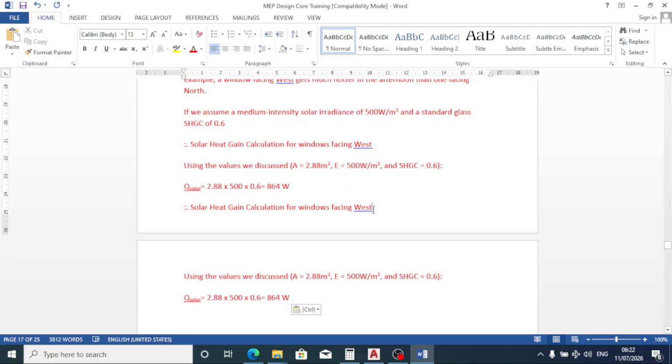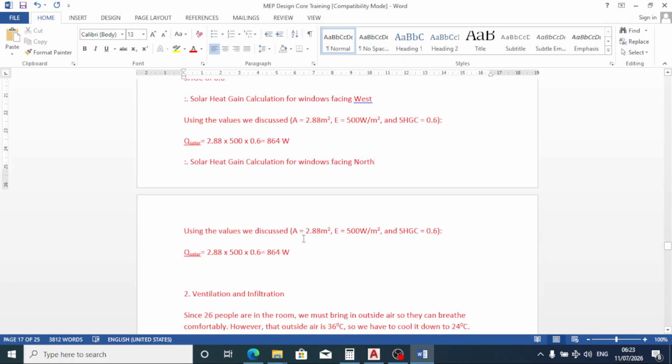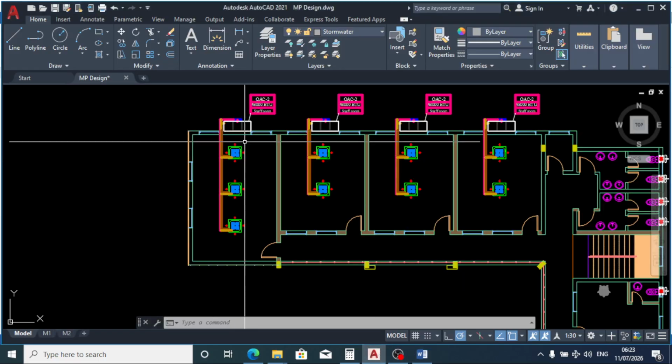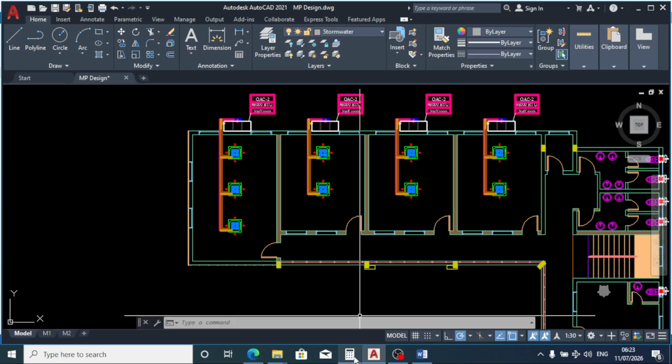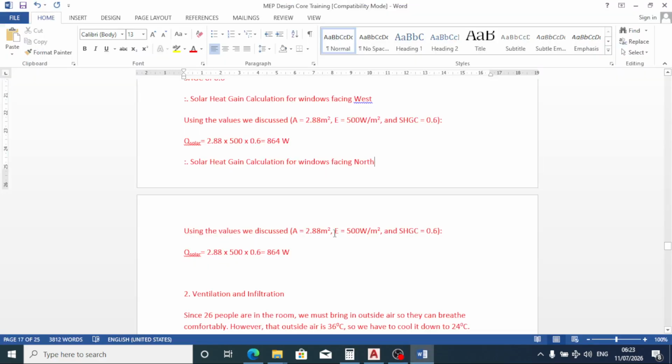For the windows facing north, we also have two windows, so we are going to use the same 2.88, and the solar irradiance for the north is very minimal. Let's assume 200 watts per meter squared, and since they are the same material, they will allow 60% of this solar irradiance.